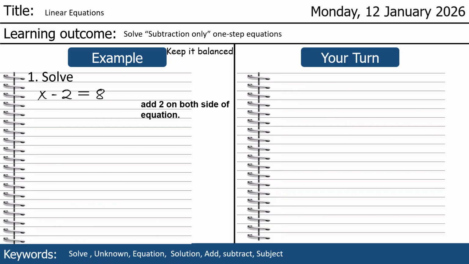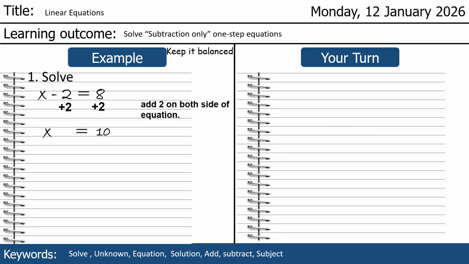You're going to add 2 on the left hand side, and remember to add 2 on the right hand side. And this is to ensure that the equation is balanced. And this means x will be equal to 10. So x is equal to 10.